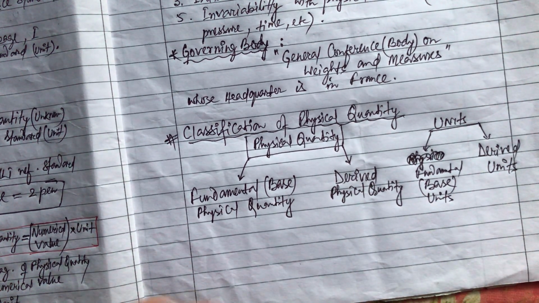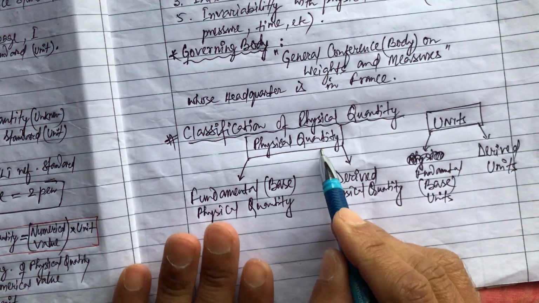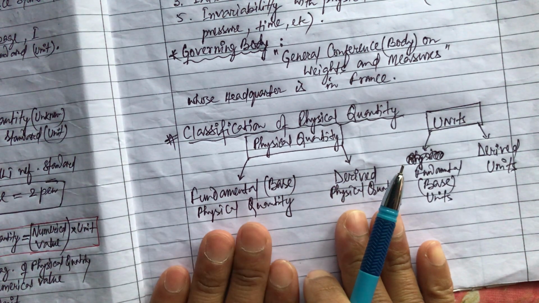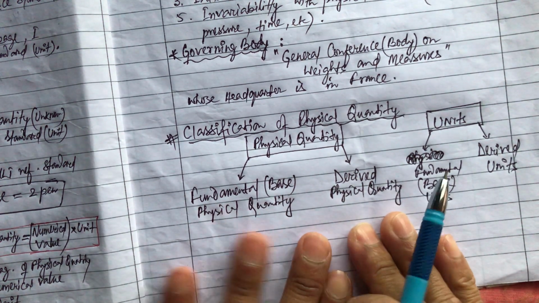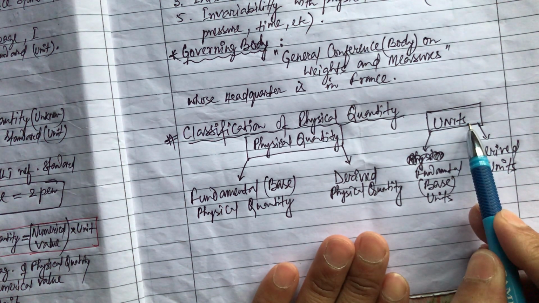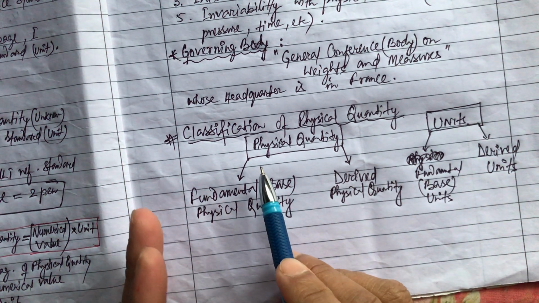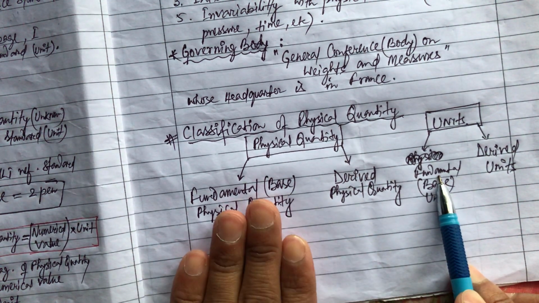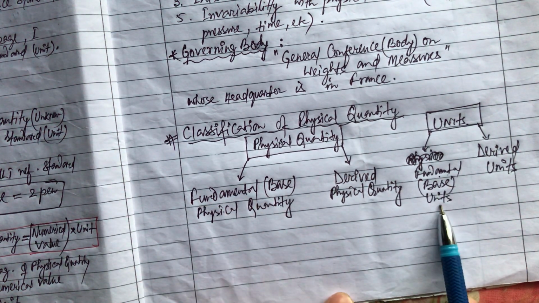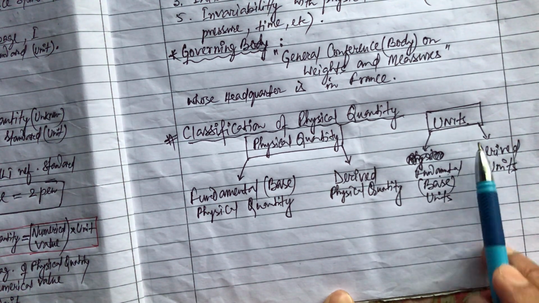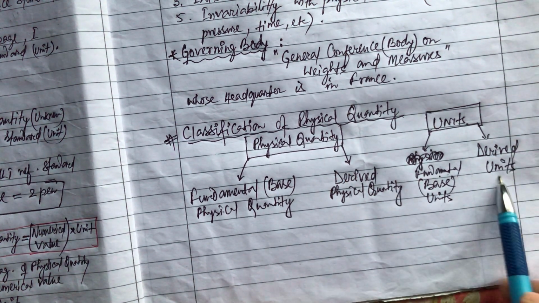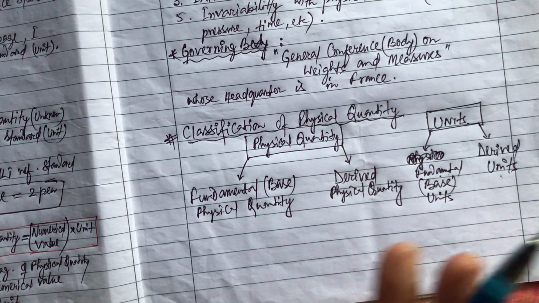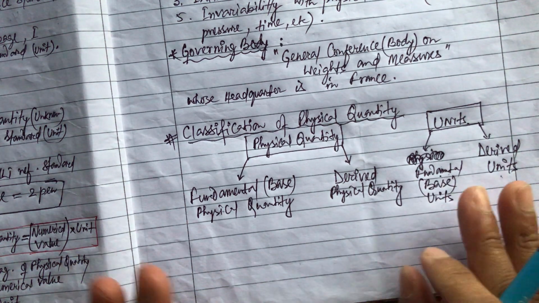So according to physical quantity, which is broadly divided into two parts, fundamental or base physical quantity and derived physical quantity, accordingly we have units, because units are for physical quantity. For fundamental physical quantity we have fundamental or base units, and for derived physical quantity we have derived units, right? So this is broadly what we find.